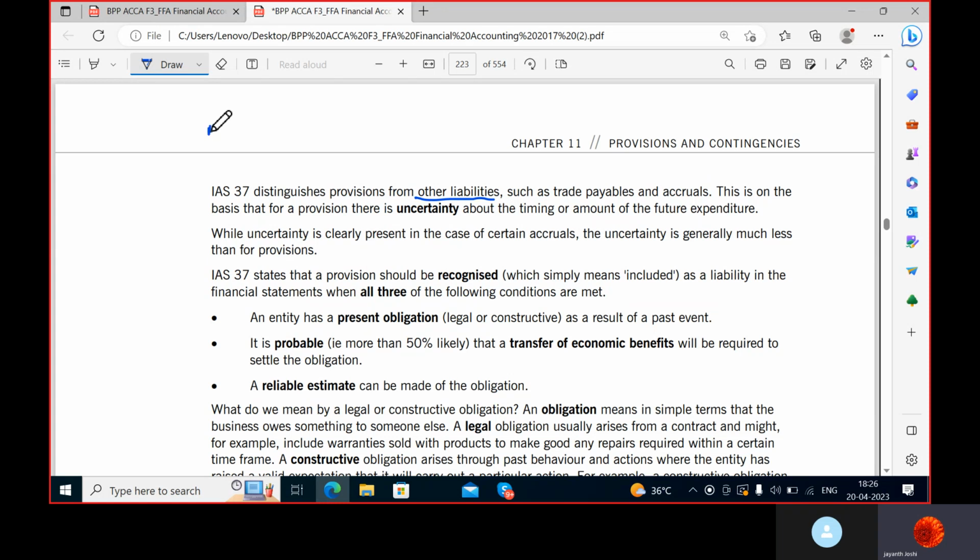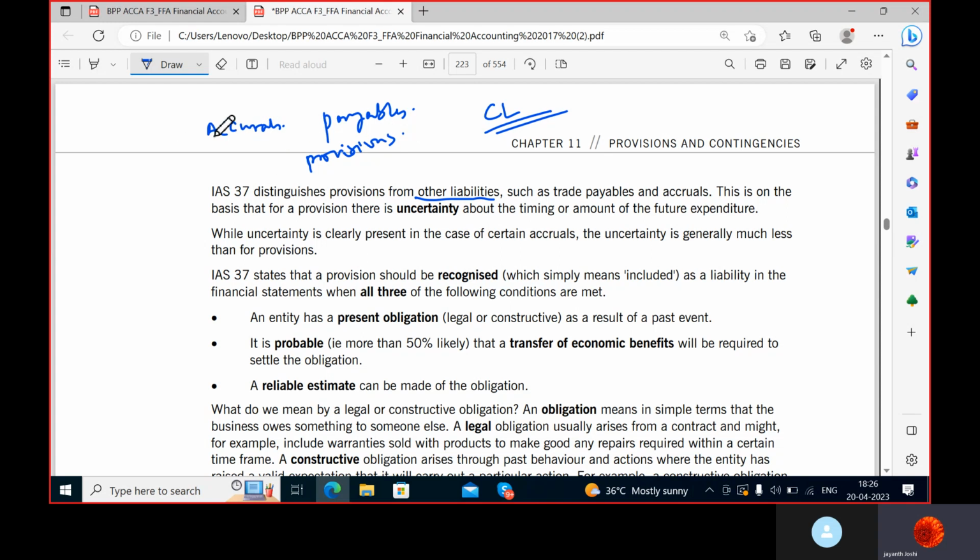In previous lessons, we found that accruals are also a liability, and payables are also a liability. All these come under current liability classification. The same is true for provision. But provision will be a different type of liability as compared to accruals and prepayments.